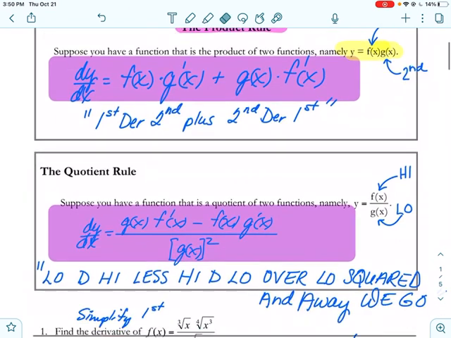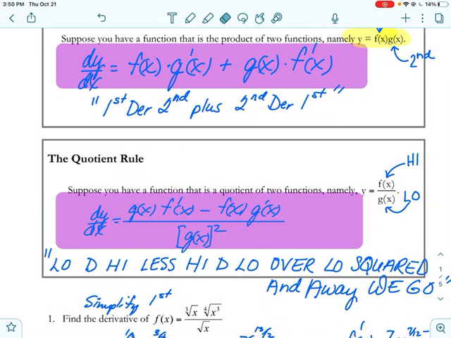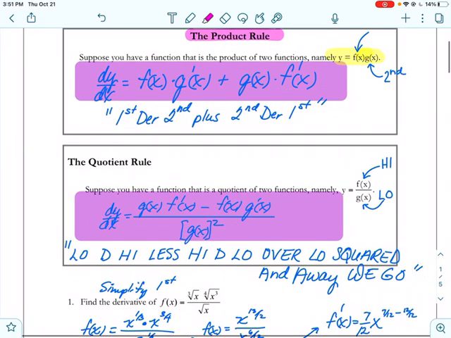So in this one, you could have the mnemonic where we say low d high less high d low, d meaning the derivative, over low squared, and away we go. So in that way, that gives us a mnemonic to be able to work with the quotient rule.